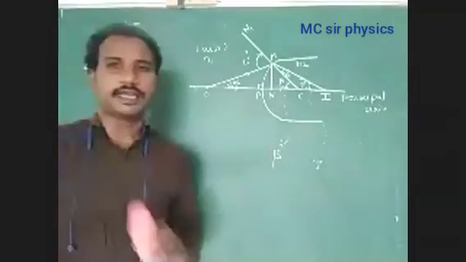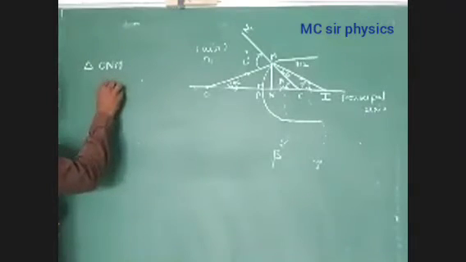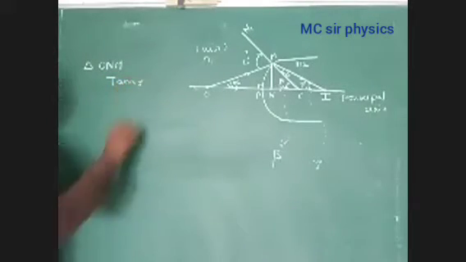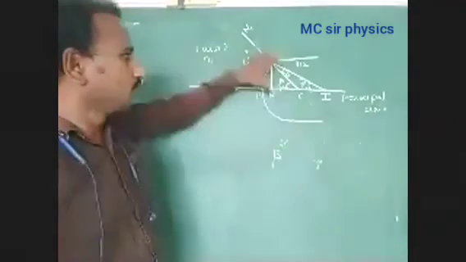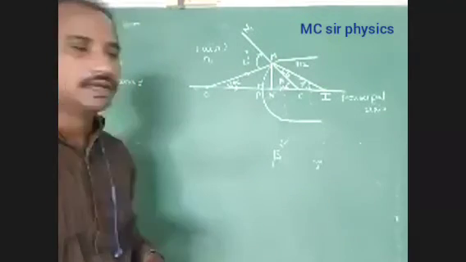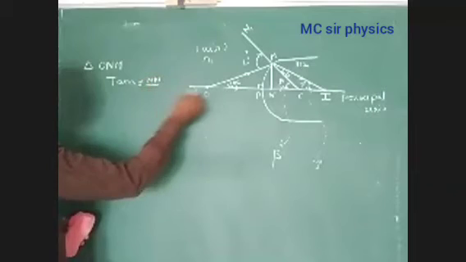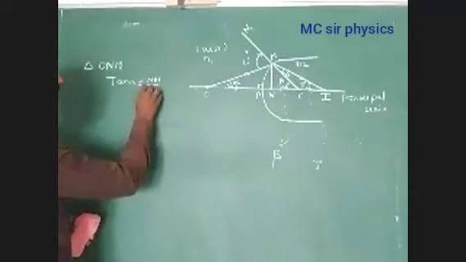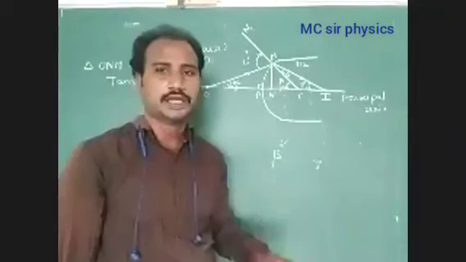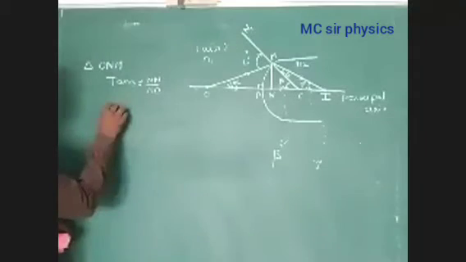Tan alpha equals opposite side by adjacent side, that is, MN divided by NO. The next one, tan beta.